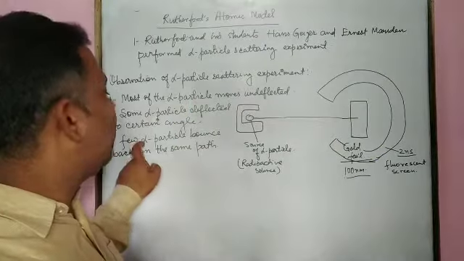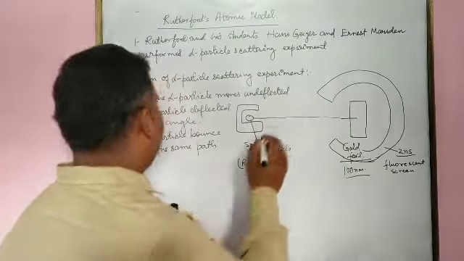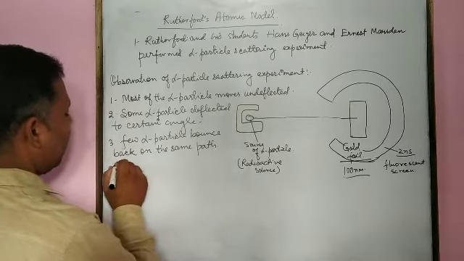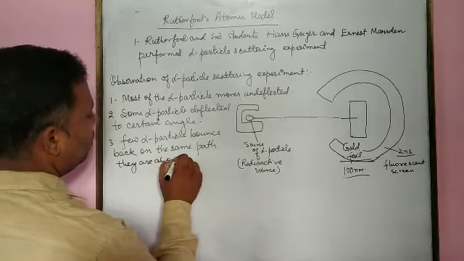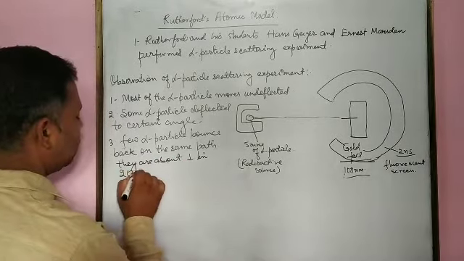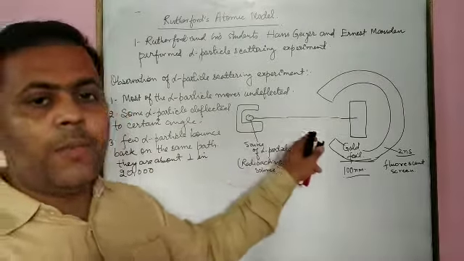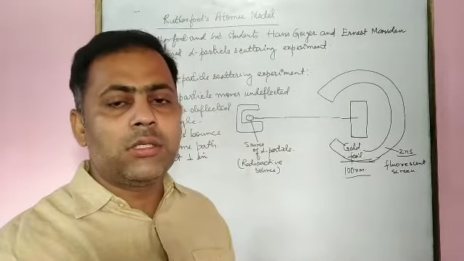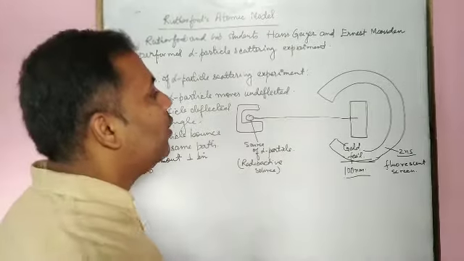Whereas few alpha particles, as I have explained, bounce back on the same path. They are about 1 in 20,000. It means if we have 20,000 alpha particles, then only one alpha particle will bounce back.